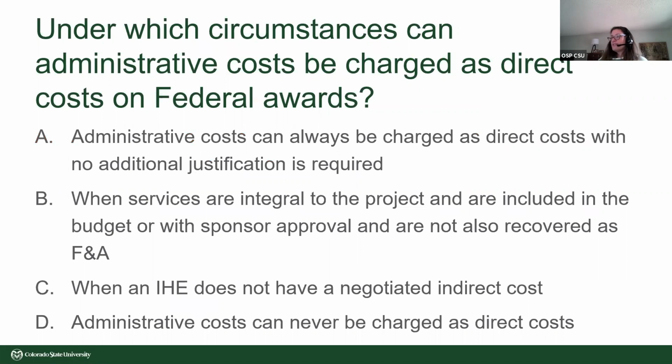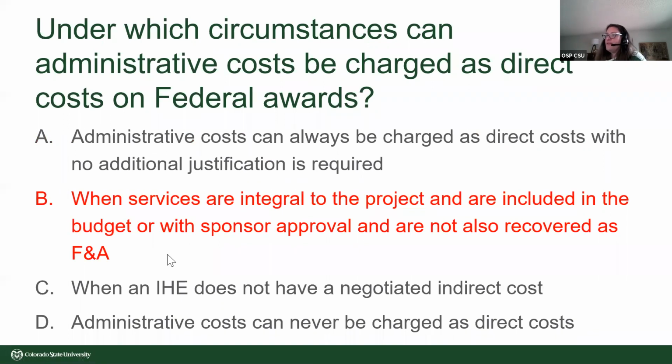Under which circumstances can administrative costs be charged as direct costs on a federal award? Okay, B, when services are integral to the project and included with the budget, so they have prior approval. That's the best answer on this one.